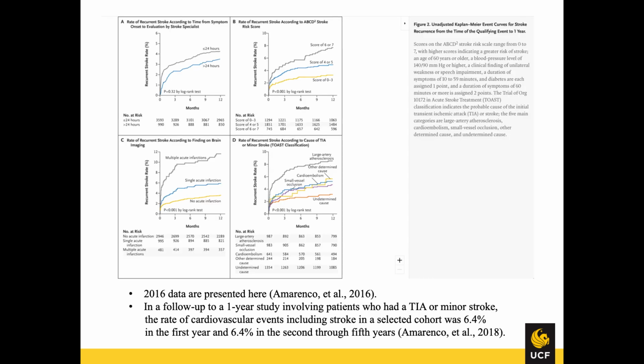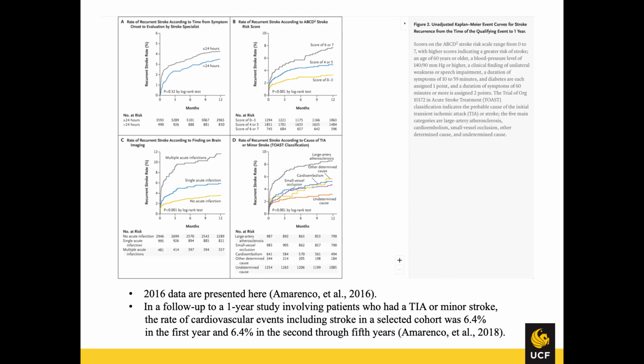This is a pretty cool piece of data to kind of start out with. So many of you are familiar with the term transient ischemic attack, or TIA, and we're going to talk about TIA in the first part of this lecture. These are 2016 data.